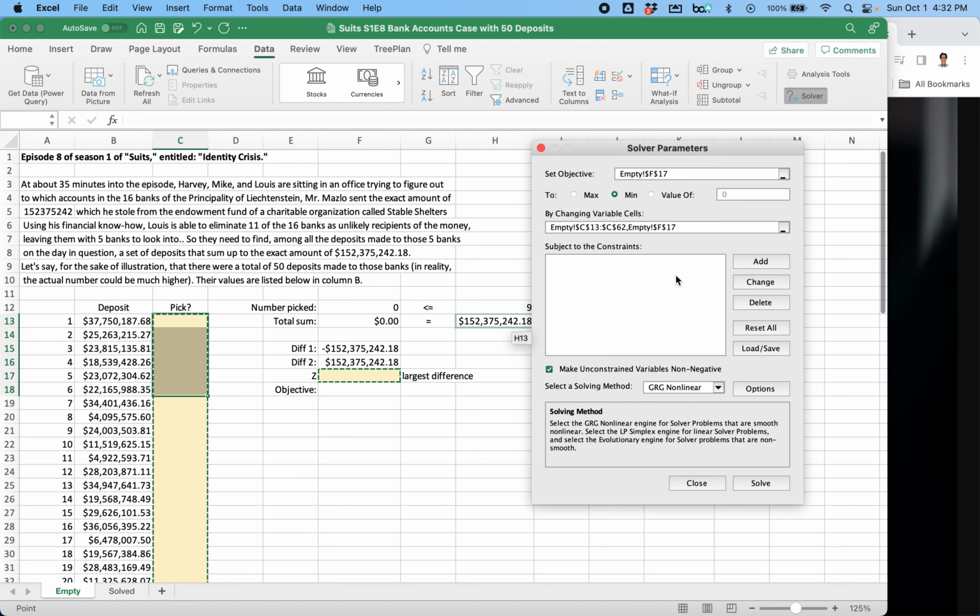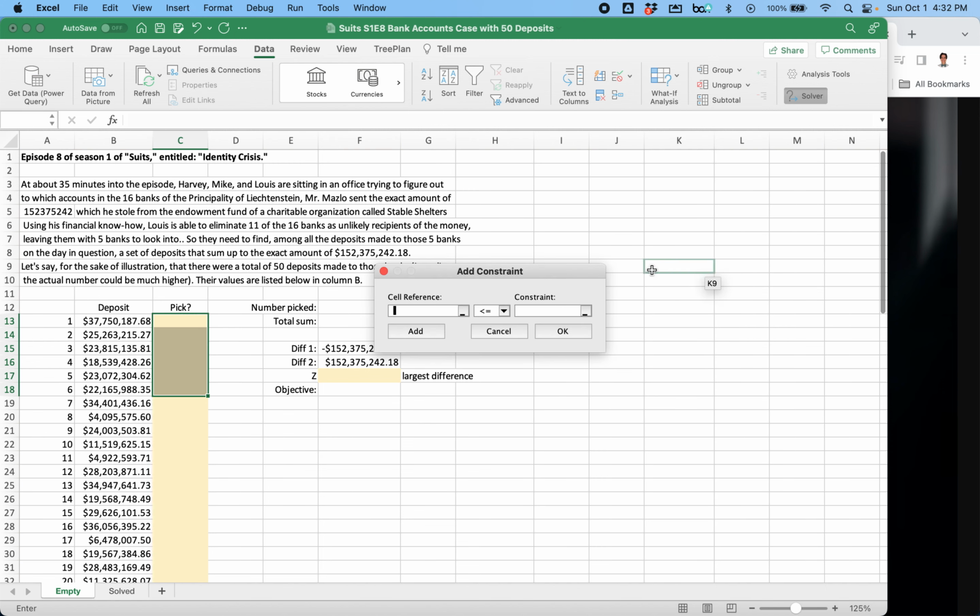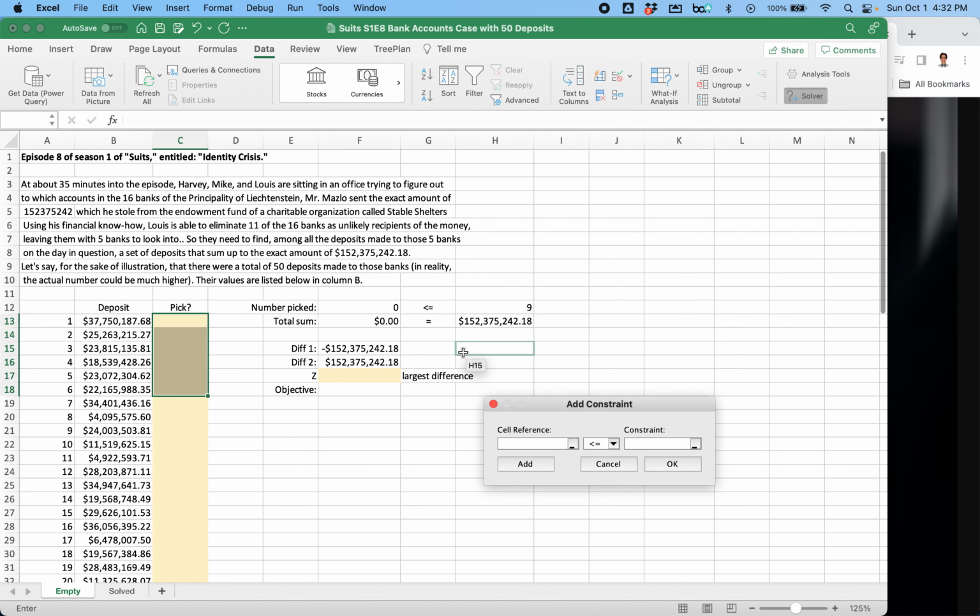Constraint-wise, what we're going to do is this. We're going to say, great, I want to use no more than 9 accounts. So accounts used at the most, accounts available. And to make pushing the difference down work, I need the following trick. I have to say, okay, if z is the largest of the differences, it means it is larger than both of them. So z is larger than difference 1.